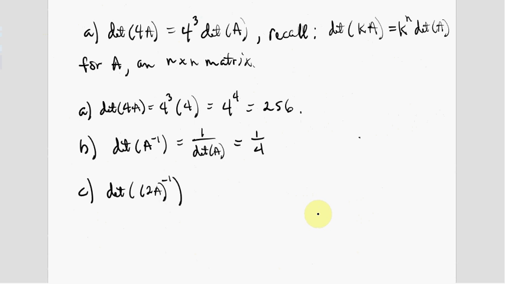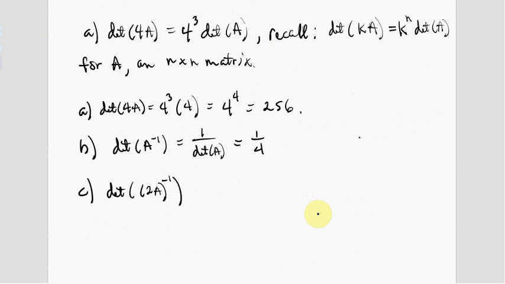This one is going to use the theorem of how we got part B, but it's going to associate this 2 with the matrix A. Because notice that it is 2A raised to the negative first power, right? So it's not just 2 times A inverse. If that's the case, that's my next example. If that's the case, then the 2 to the third power will stay upstairs, divided by the determinant of A inverse. I'll show you that next.